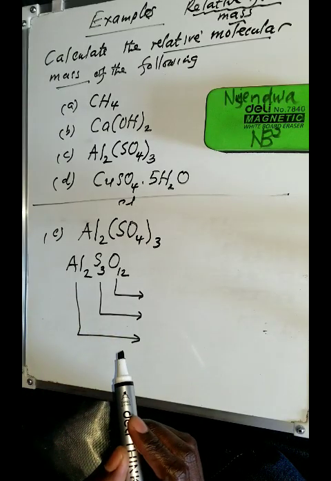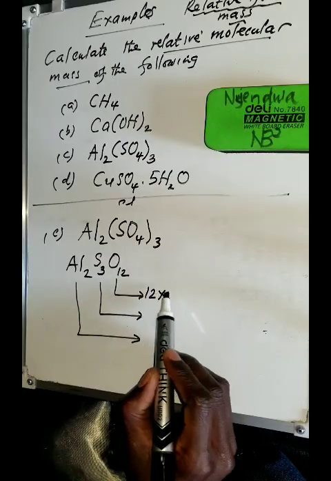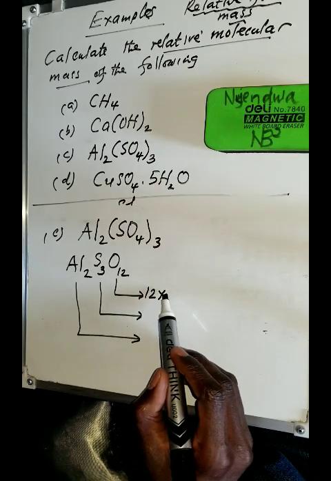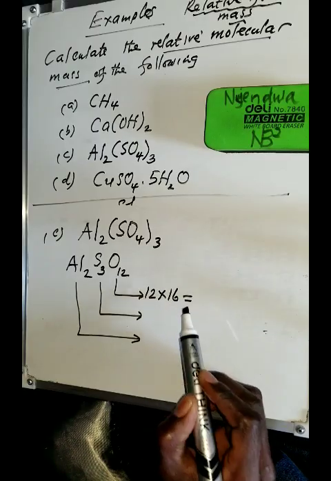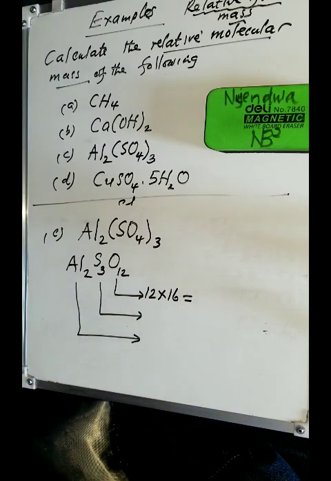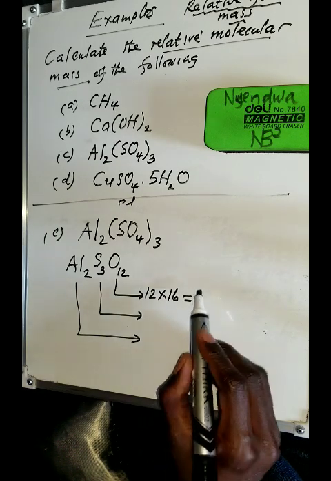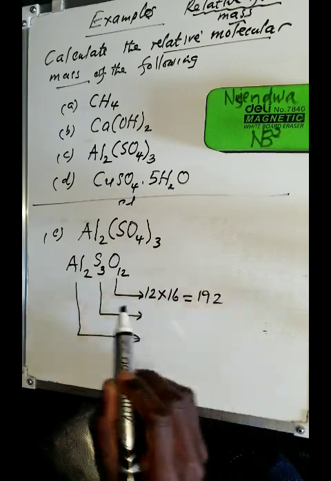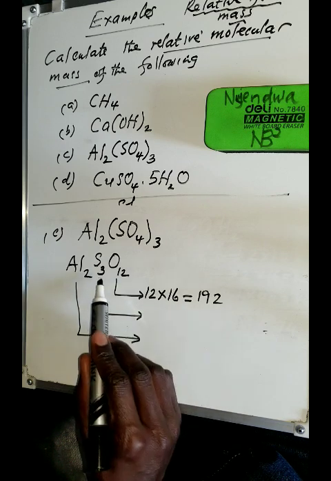So you have oxygen, you have sulfur, and you have aluminium. So now you can simply try to work them out. How many oxygens are there? There are 12 multiplied by the atomic mass of oxygen, which is 16. So 12 times 16 is going to give us 192. Another thing you are going to have there is sulfur.